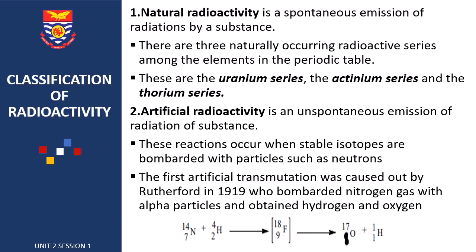The first artificial transmutation was carried out by Rutherford in 1919, where he bombarded nitrogen gas with alpha particles and managed to obtain oxygen and hydrogen. The isotopes oxygen and hydrogen are stable and there will be no further disintegration.